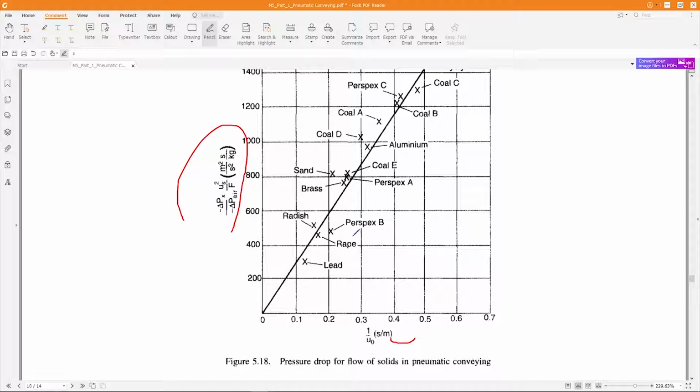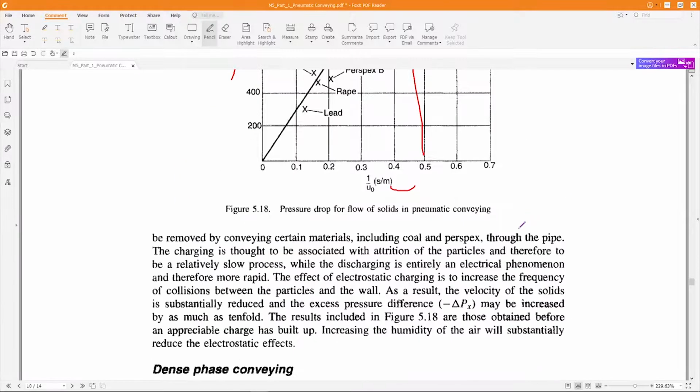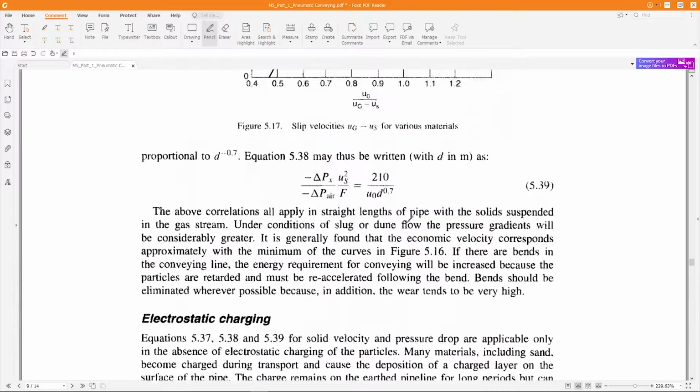Like, say, coal C, you want to predict the pressure drop for coal C. What is the terminal velocity U naught? You can find it. Just draw a vertical line, and you will get the pressure drop required.